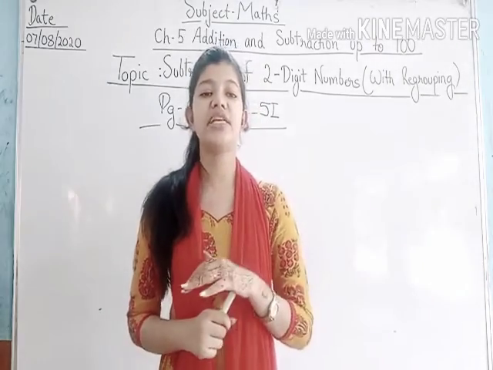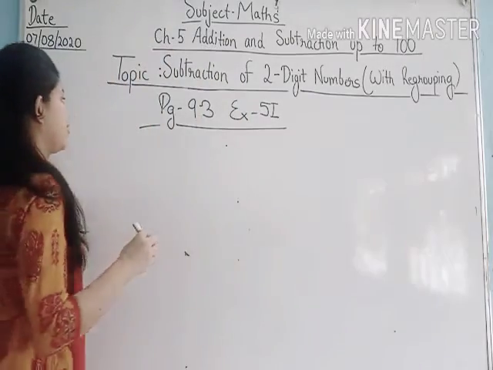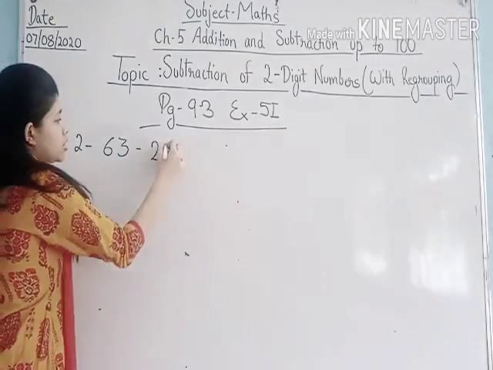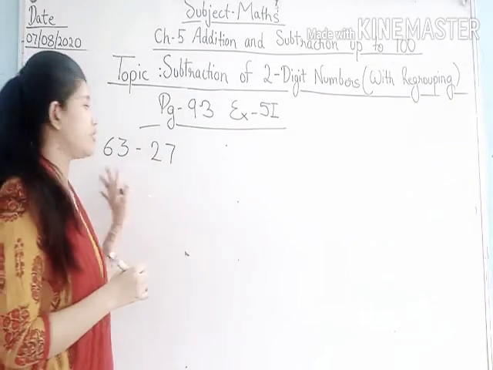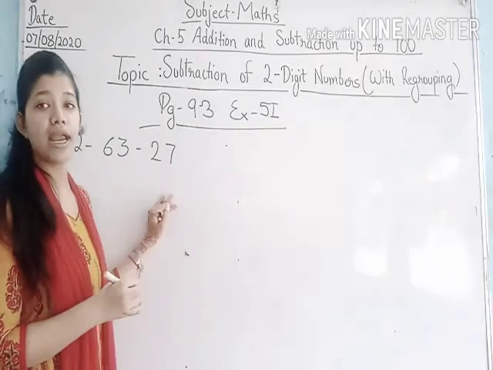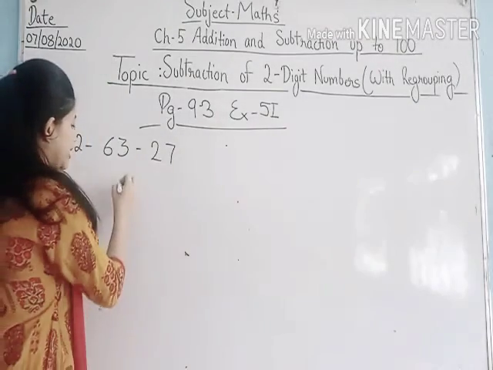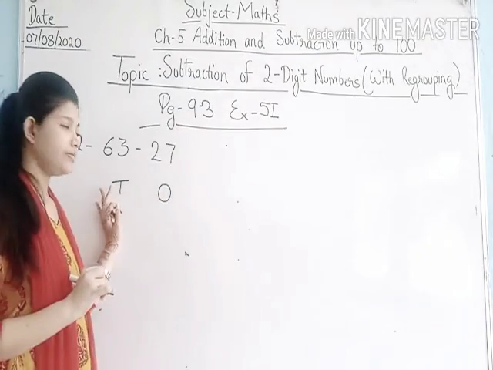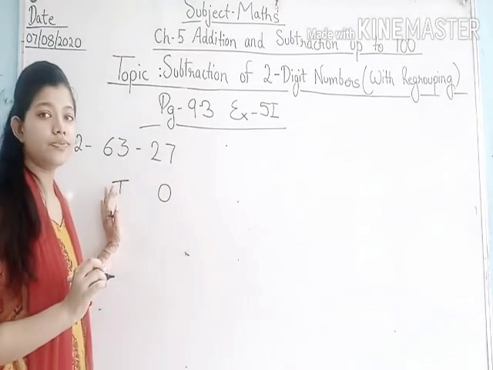Okay, 63 minus 27. So what we will do first? First we will arrange the numbers under the column of tens and ones. Yes, so let's arrange tens and ones. Okay, clear?